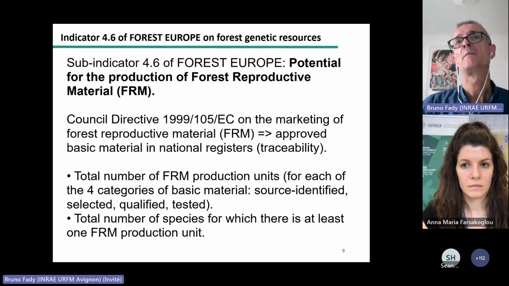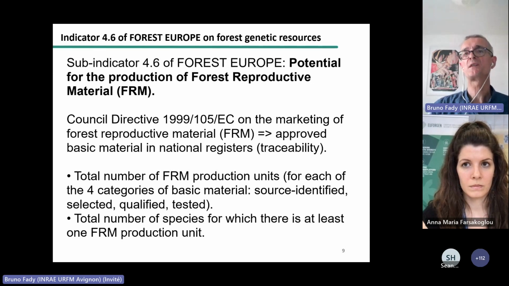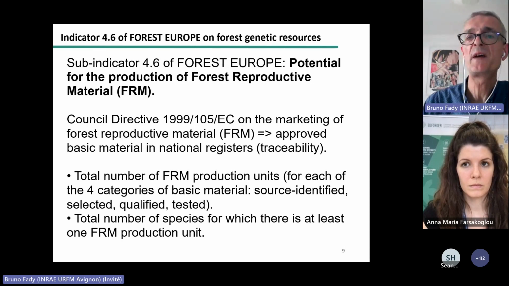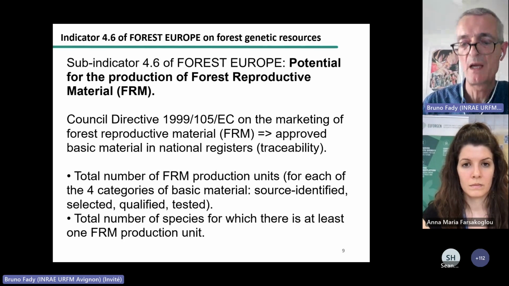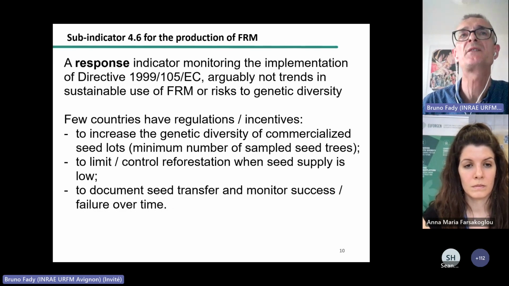However, the way to assess this indicator, the verifier, is the total number of production units in the country and the total number of species for which there is at least one production unit of forest reproductive material. So it's a very basic way of assessing this response indicator.